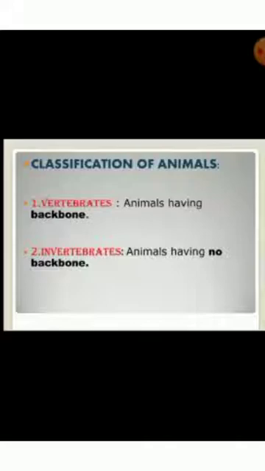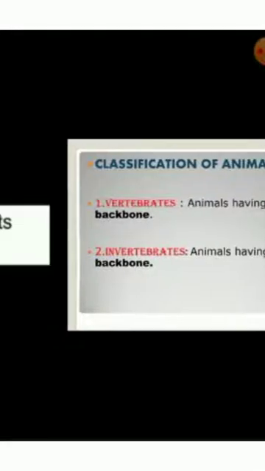The animals that belong to vertebrates are those who have a backbone, the backbone frame that forms their whole body structure. The animals which have a backbone are in the group of vertebrates. And the second group, invertebrates, are the animals which have no backbone. So there are two main groups of animals, vertebrates and invertebrates.